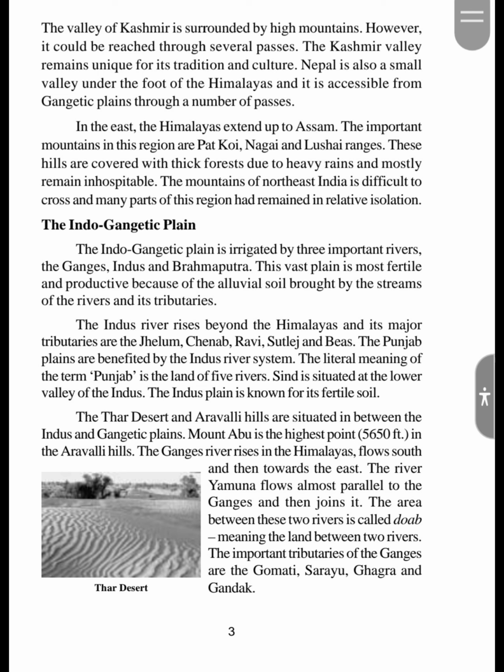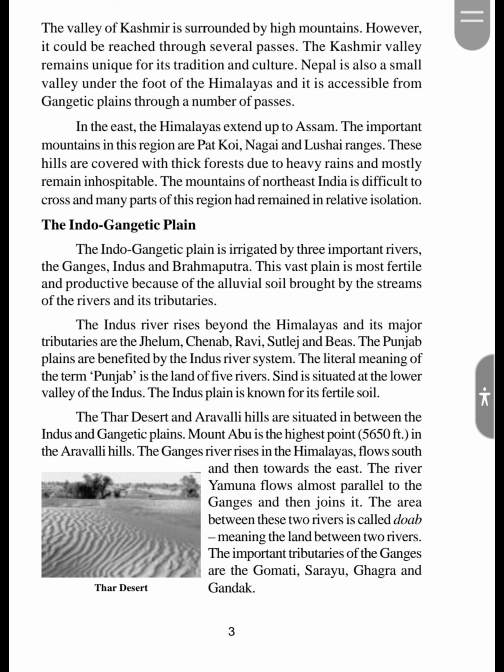The Indus River rises beyond the Himalayas, and its major tributaries are the Jhelum, Chenab, Ravi, Satluj, and Beas. The Punjab plains are benefited by the Indus River system. The literal meaning of Punjab is the land of five rivers. Sindh is situated at the lower valley of the Indus. The Indus plain is known for its fertile soil.